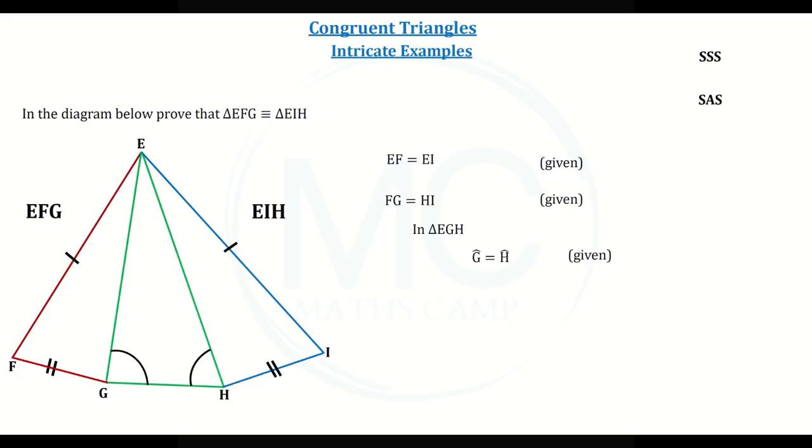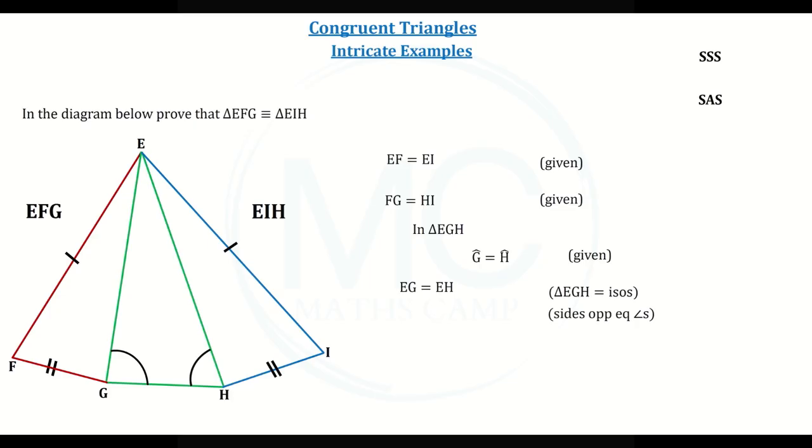In this triangle, angle G is equal to angle H, which means that side EG must be equal to side EH, because triangle EGH is isosceles, and these are the sides that lie opposite equal angles.